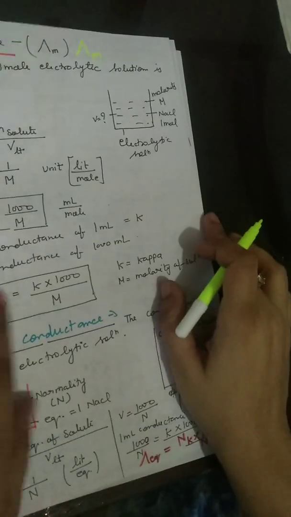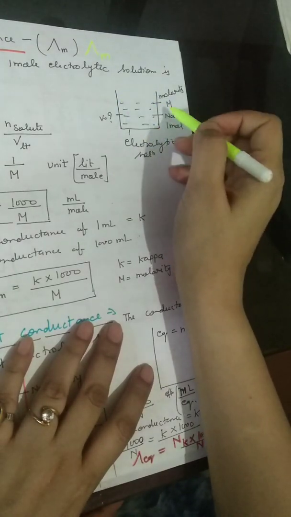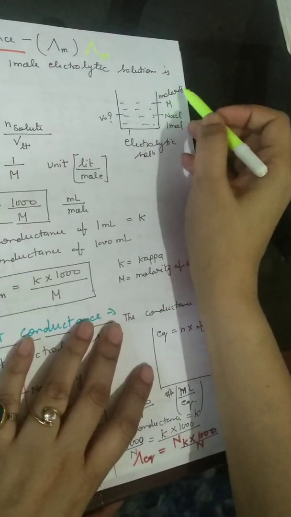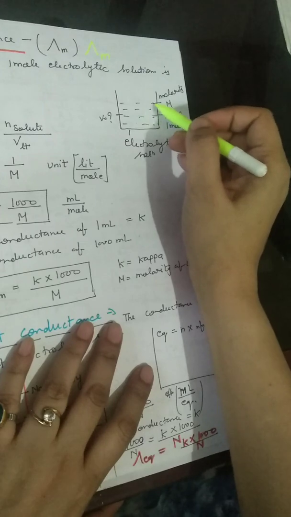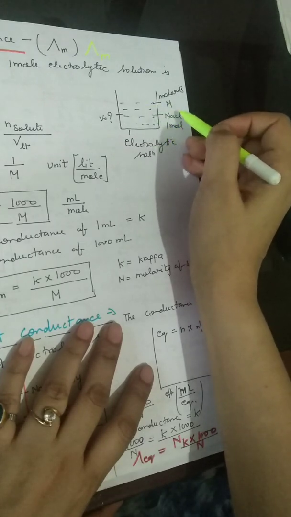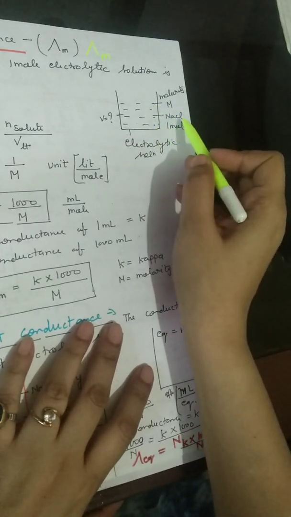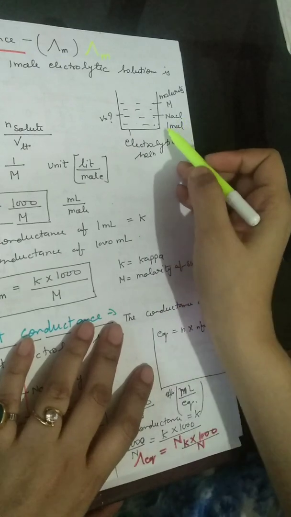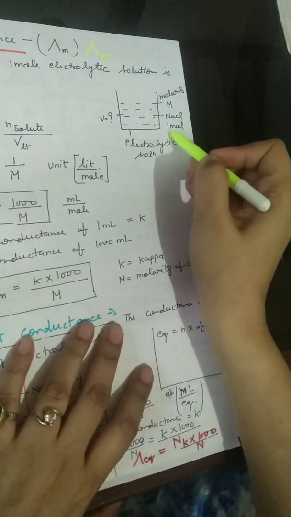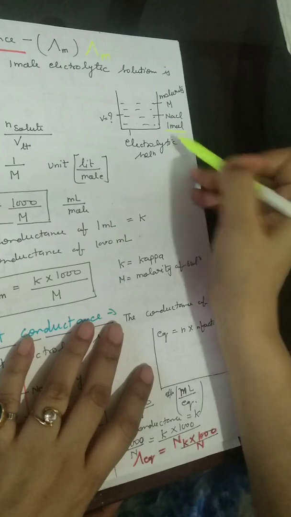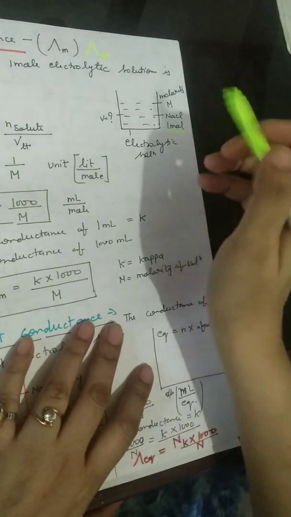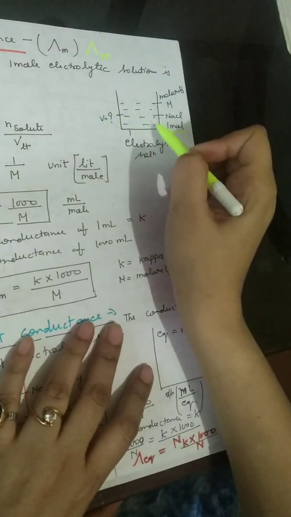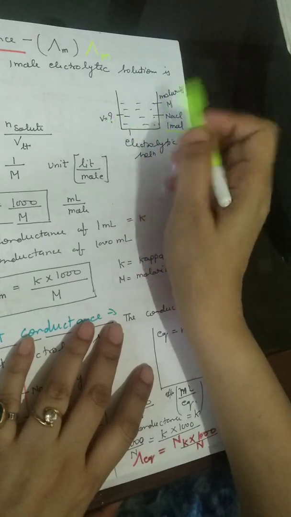Now see here, suppose we have a beaker in which we have the solution of molarity M, and the electrolytic solution is a strong electrolyte, that is NaCl, and the quantity which we are taking is 1 mole. Now we have to find out the volume of the solution.